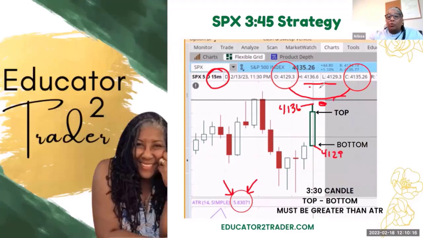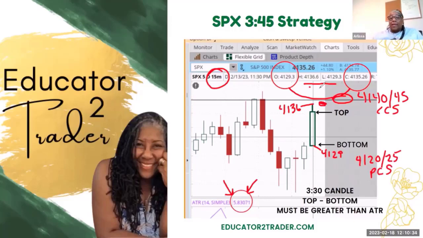So you would have picked a 41.40, 45 CCS, and or a 41.20, 25 PCS. Not a lot of money at the bottom because the price is up here at the top and we're only 15 minutes from expiration.